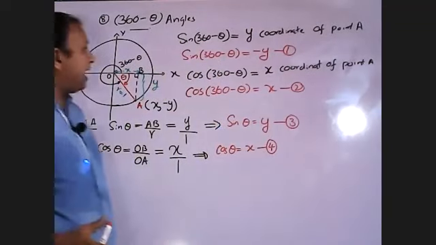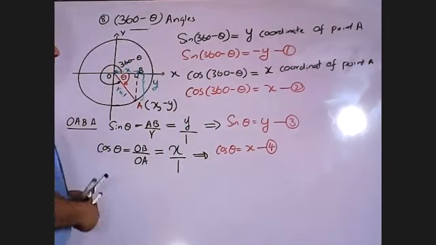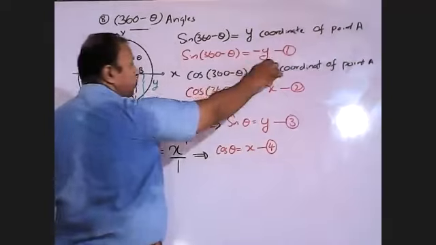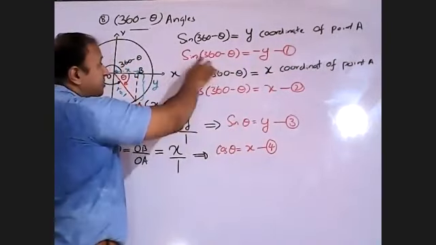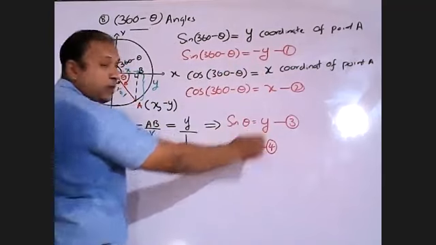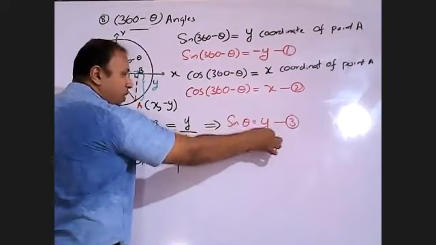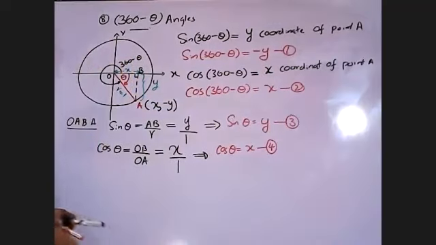Now you can compare 1, 2, and 3, 4. Look at this. Sine 360 minus theta is equal to minus y. Sine theta is equal to y. Therefore, you can replace y by sine theta. Therefore, you can substitute 3 in 1.